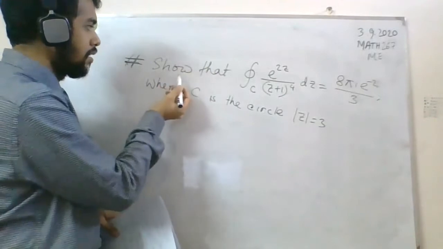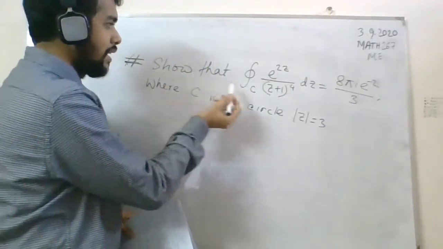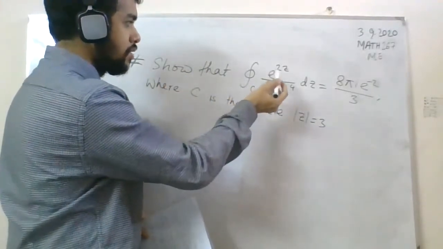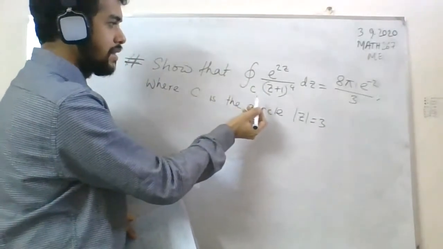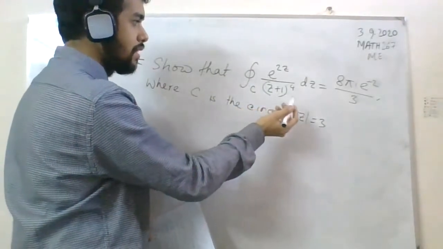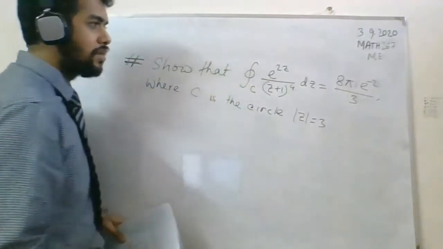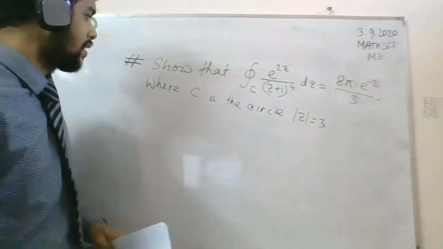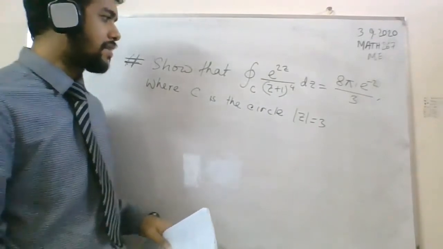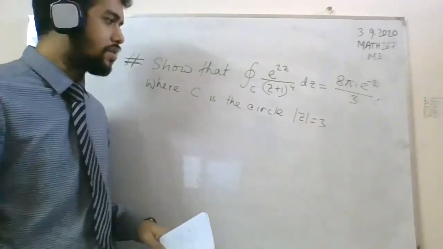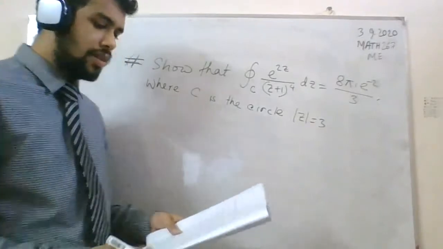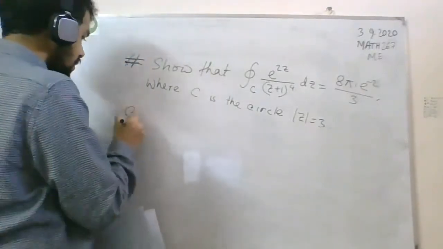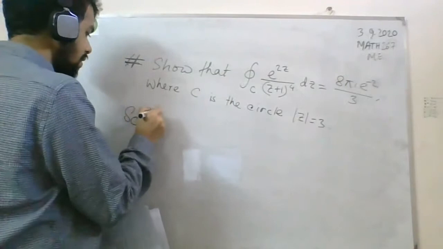Show that the integral of e to the power 2z divided by (z plus 1) to the power 4 dz equals 8 pi i e to the power minus 2 divided by 3, where c is the circle modulus of z equals 3. Now, here is the solution for this problem.